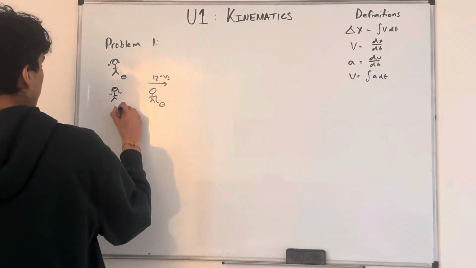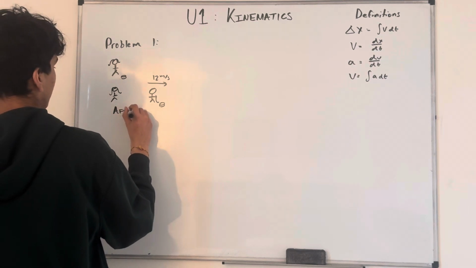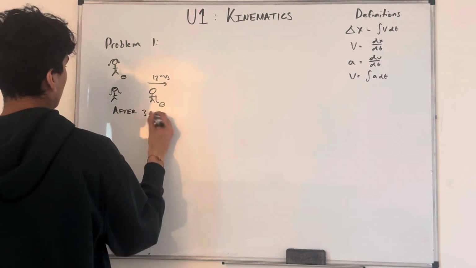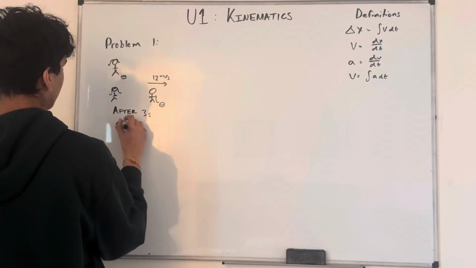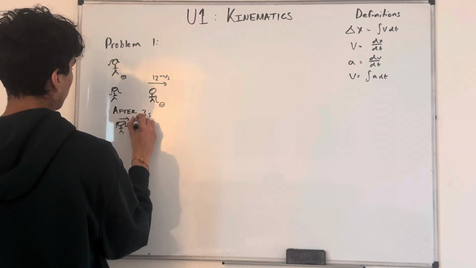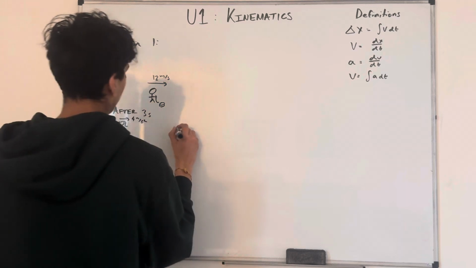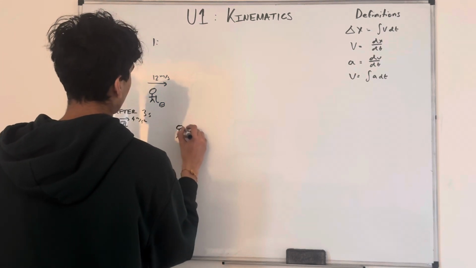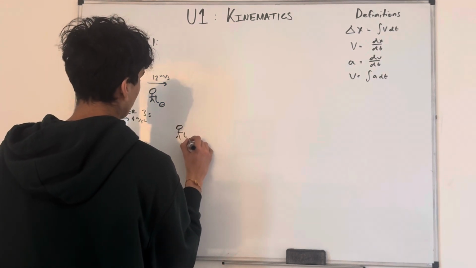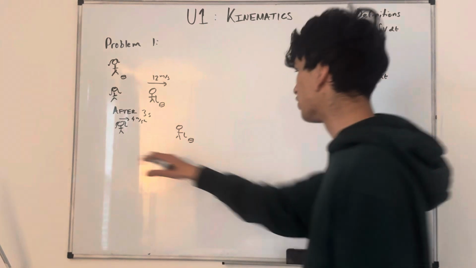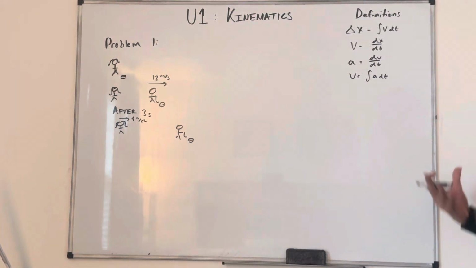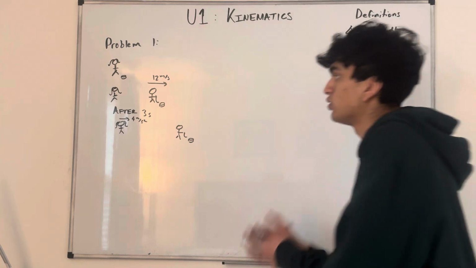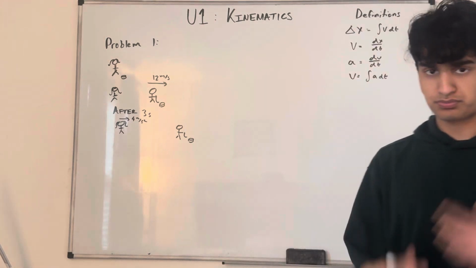So after 3 seconds, she's going to chase him with a constant acceleration of 4 meters per second squared. And within those 3 seconds, hopefully you understand he would have traveled further.